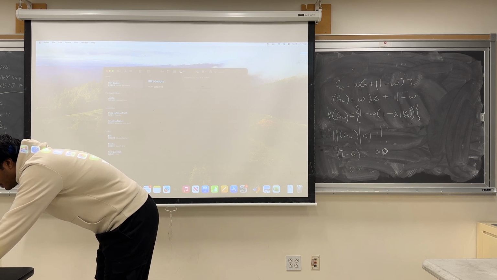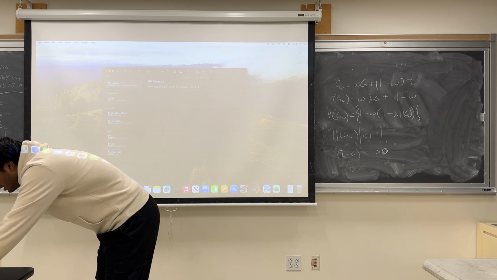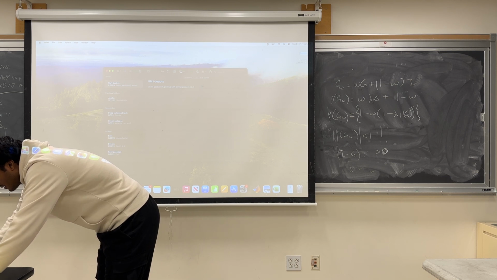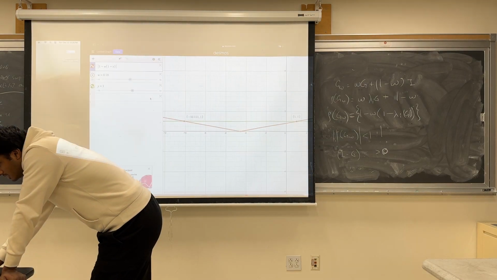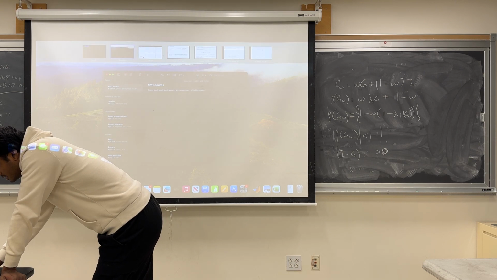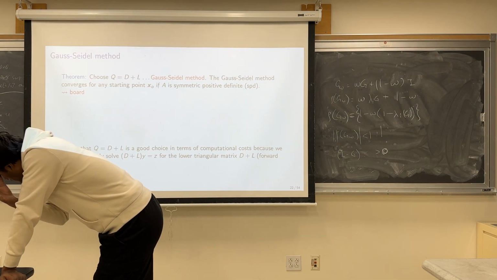Gauss Seidel proof: positive with the A-weighted inner product, norm of G less than 1 in the A norm. That's what we got, that it's less than 1 in the A norm, right?